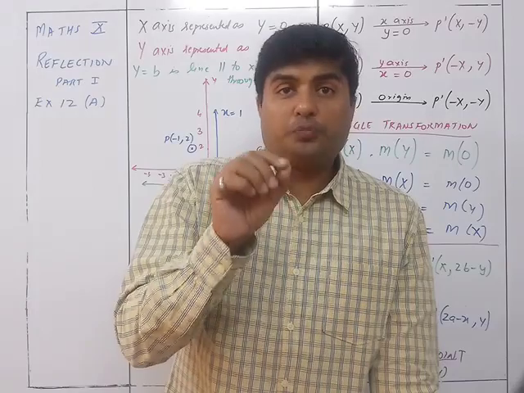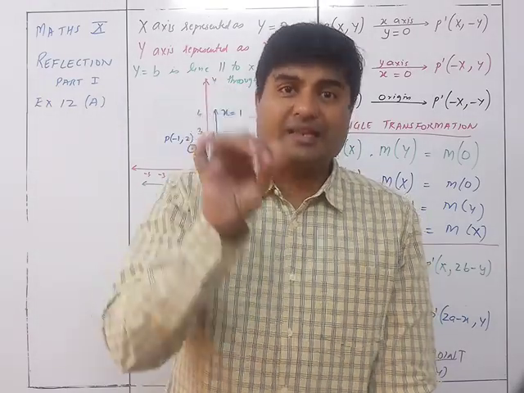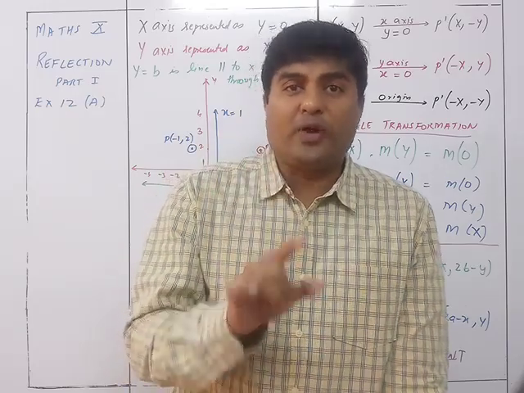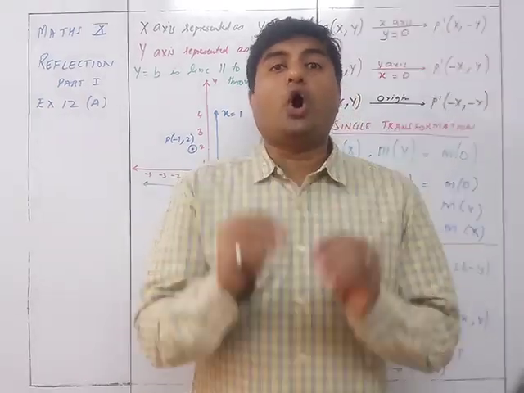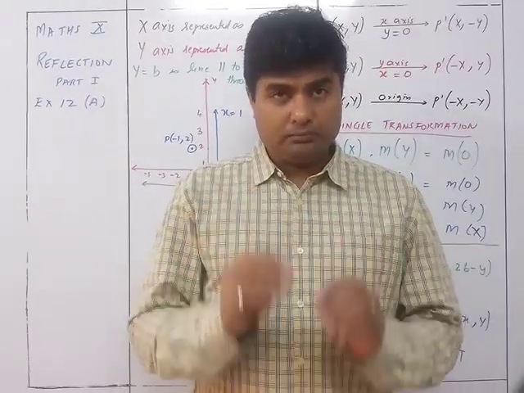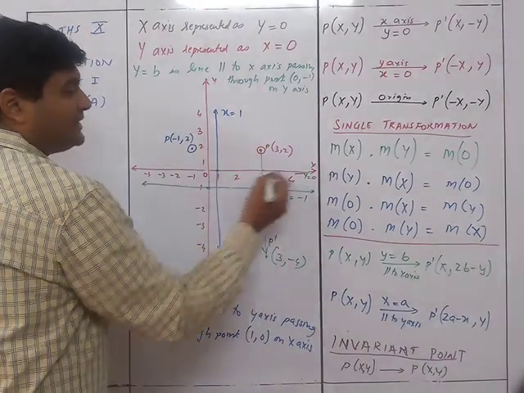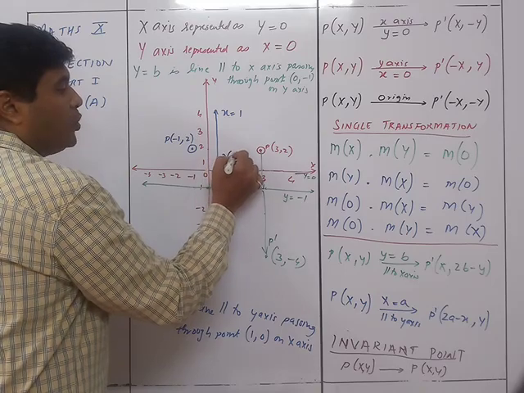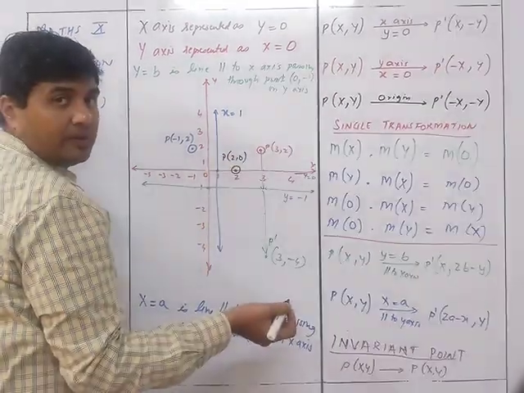So those points which after reflection remain the same are called invariant points. They will be the points which are actually on that particular reflecting surface. For example, if I take the x-axis as the reflecting line, then the reflection of P (2, 0) under the x-axis will remain (2, 0) only.